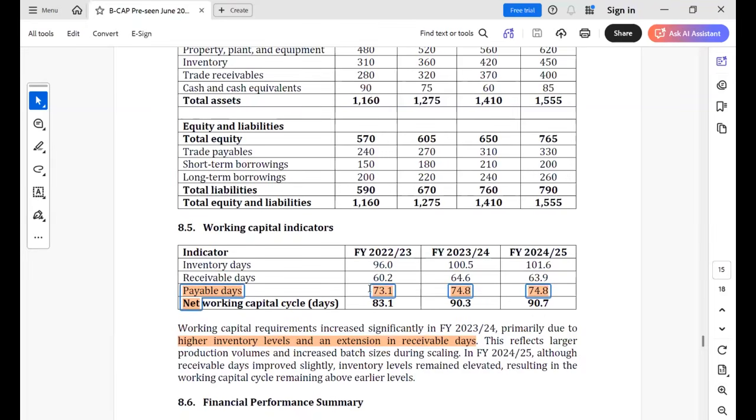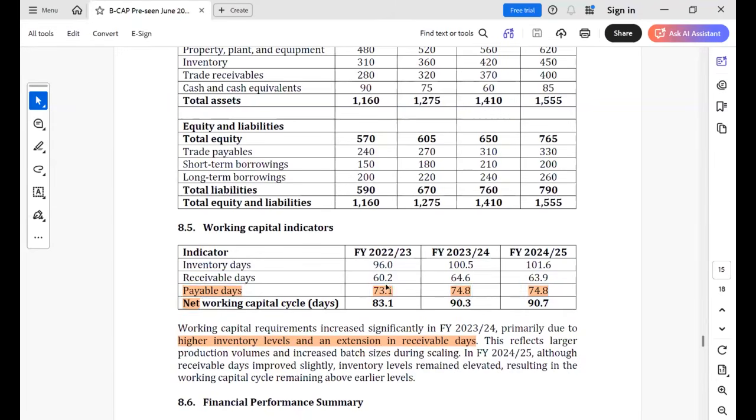First, you bring in the inventory. That inventory is in your warehouse for 96 days. Then once you make the sale to the customer, it takes 60 days. Altogether, you have to wait 156 days to get the cash. But before that, you have to pay the suppliers. That's why you have working capital difficulties coming in.